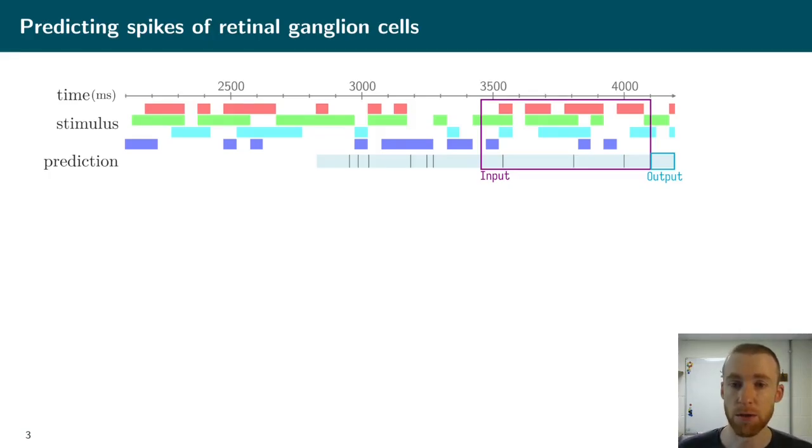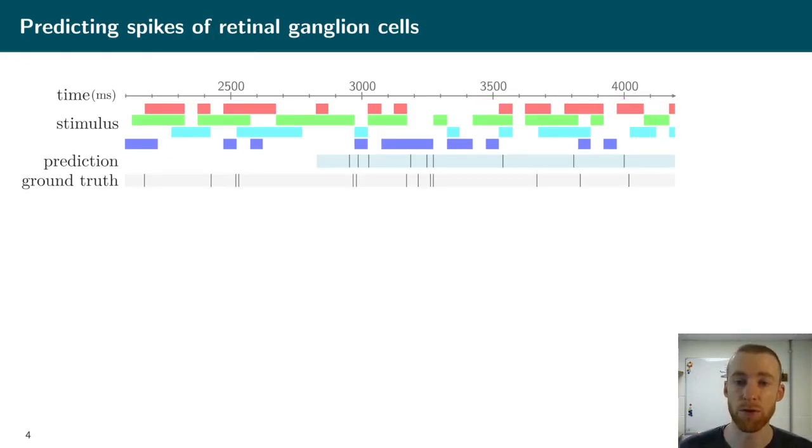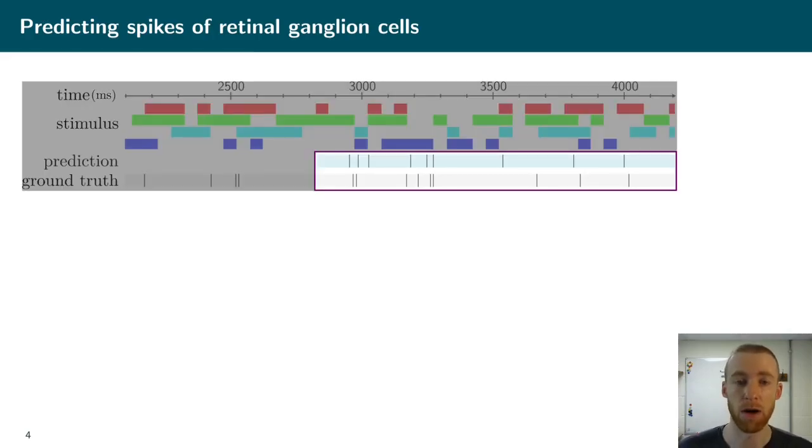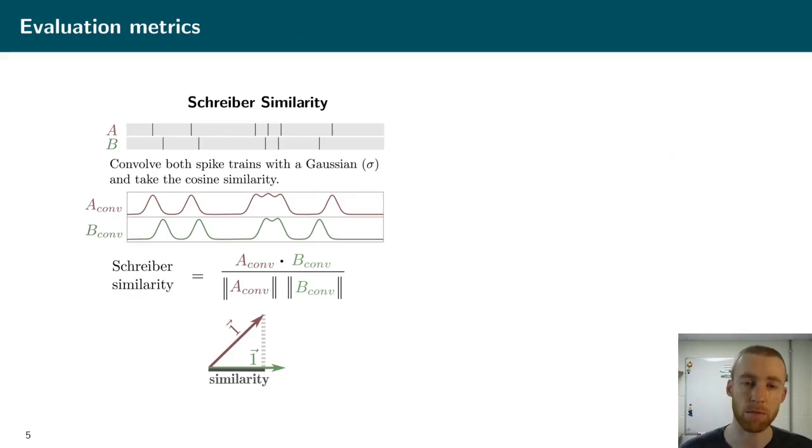In our project, to quantify performance, the outputted spike train will be compared to the ground truth spike train using a number of off-the-shelf spike train comparison metrics. One metric we use is Schreiber similarity, which can be understood as the cosine similarity between the smooth spike trains.